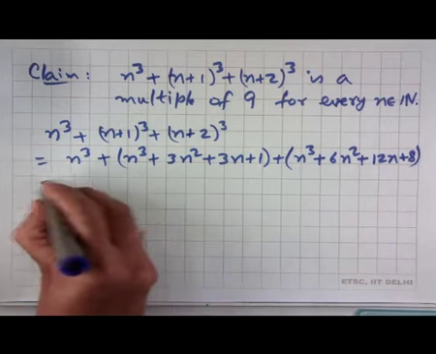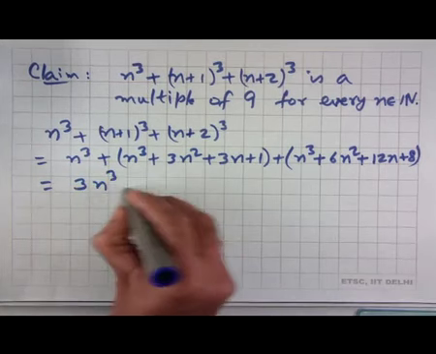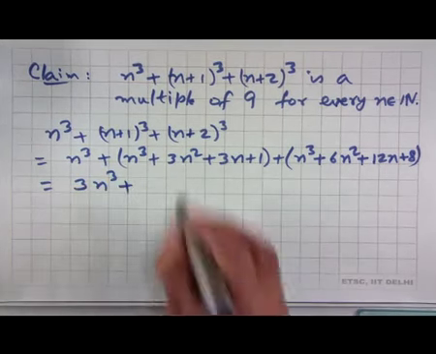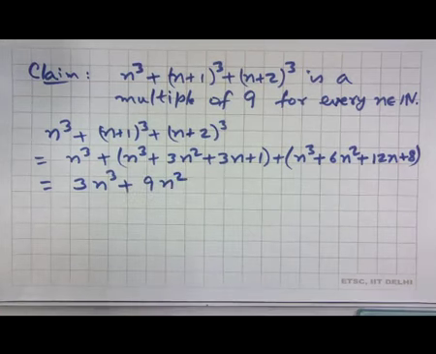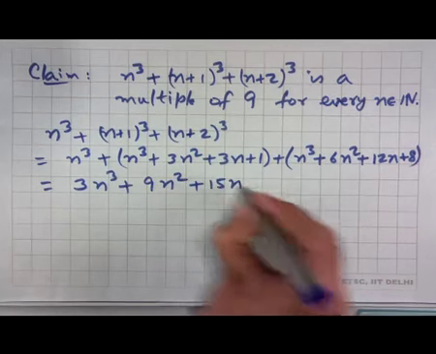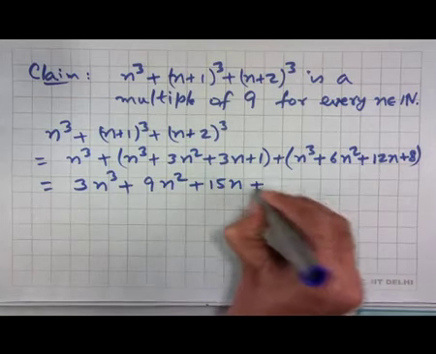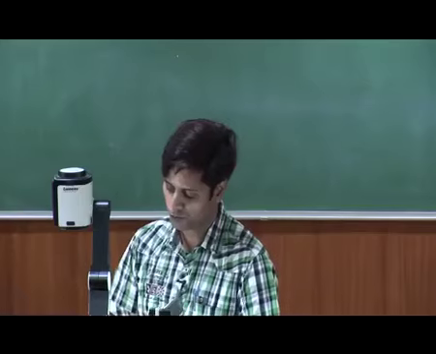And then this whole thing is equal to 3 times n cube plus 3n square and 6n square, so that is 9n square plus 15n plus 9. We want to prove that this is a multiple of 9.